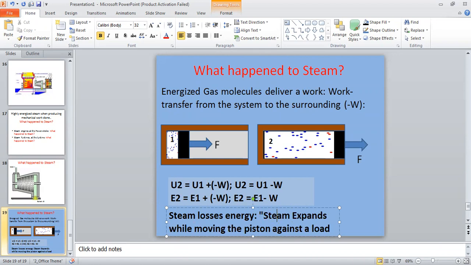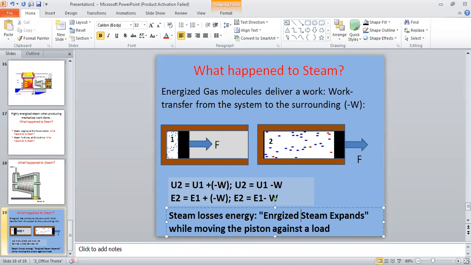So this is the one. For work done by steam, steam should expand. What is steam? Energized. So high pressure, high temperature. Expands means moving towards low pressure, low temperature, low energy levels.